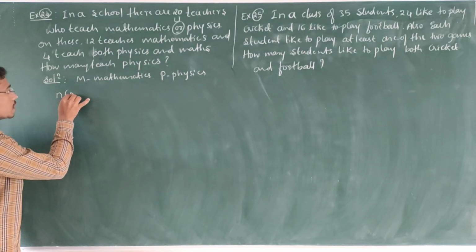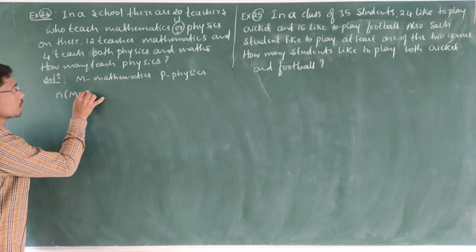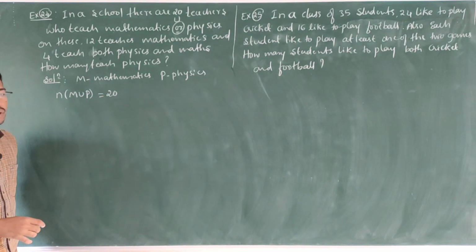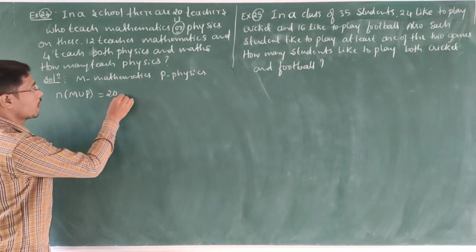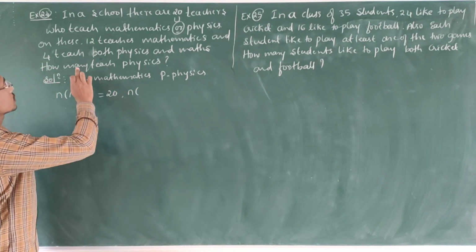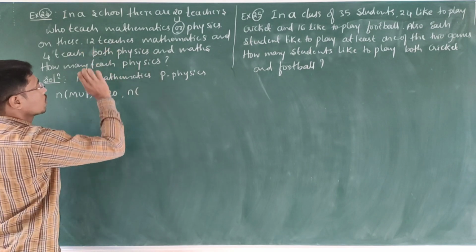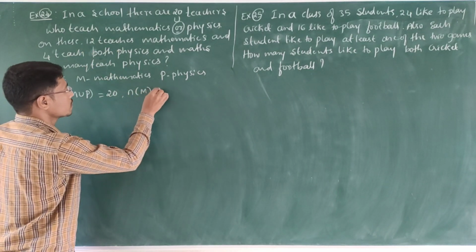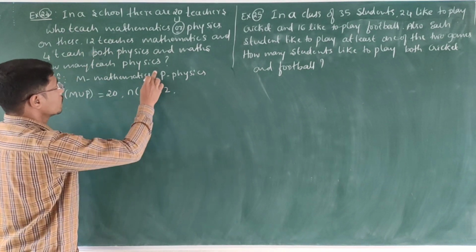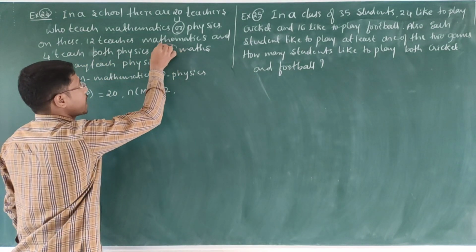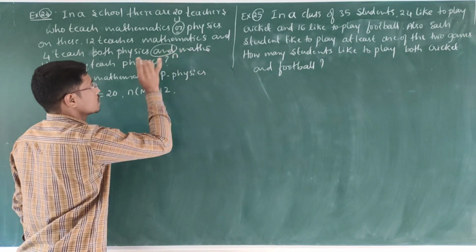So M union P is equal to 20, and the number of lecturers who teach mathematics is 12, that is n(M) is 12. And 4 teach both physics and mathematics; "and" means we have to consider always intersection.